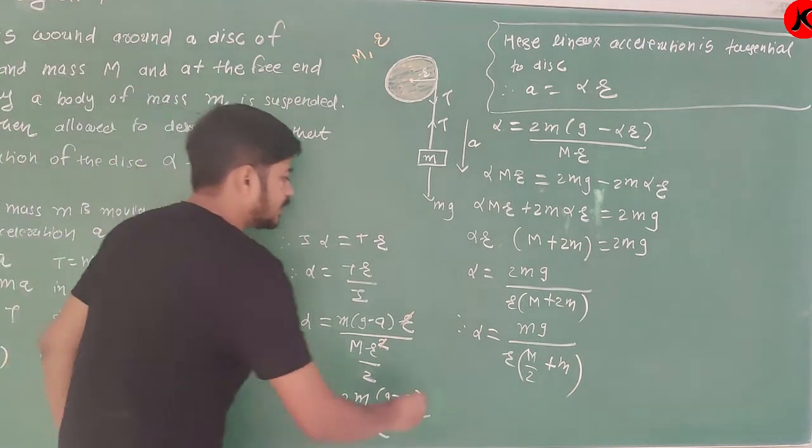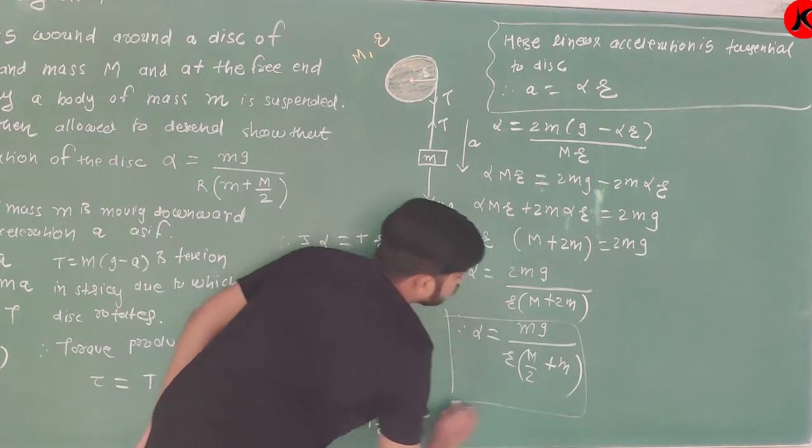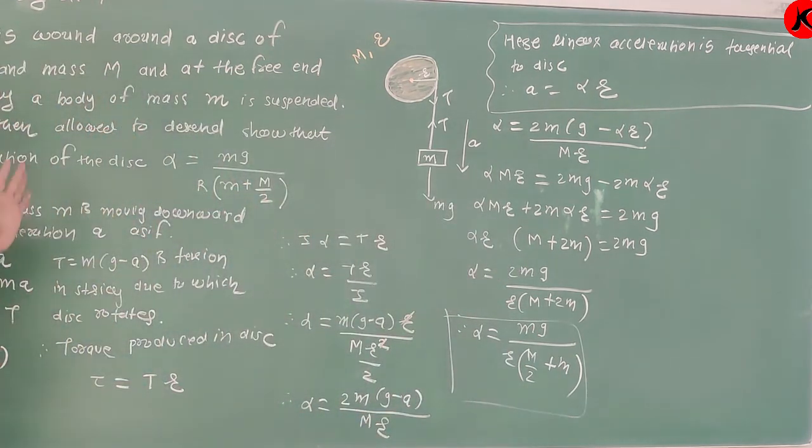So yes, this is one easy question, easy if you know each and every formula and each and every concept. First of all, find tension, because due to tension the disk is performing rotational motion. So you have to write tension as the force producing rotational motion.